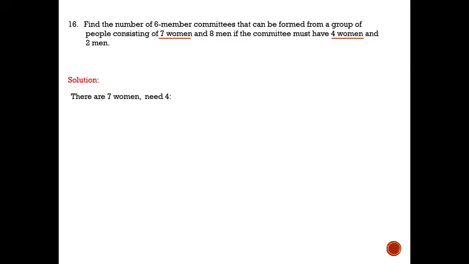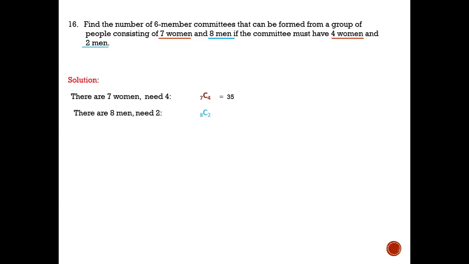Here there are seven women and we need four of them. So this is going to give us our combination of, from seven women, we choose four. The other part is we have eight men and we need to choose two. So our combination is 8 choose 2.